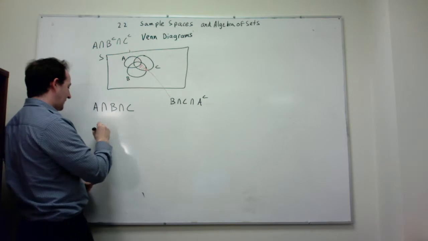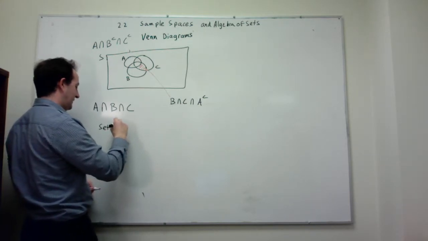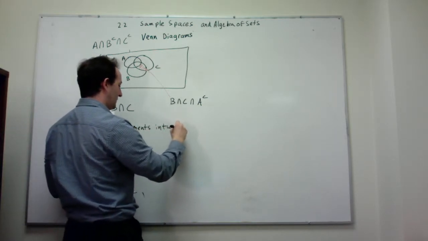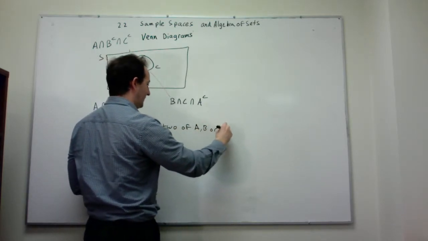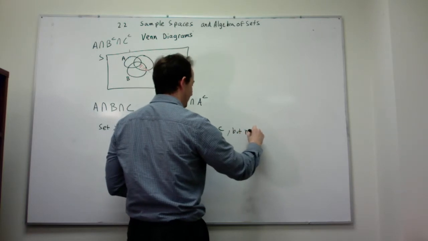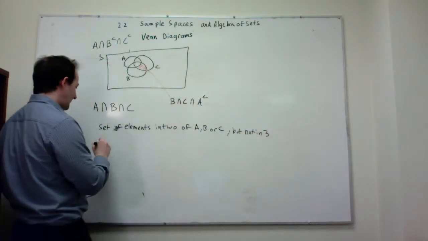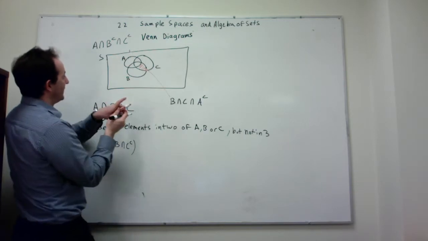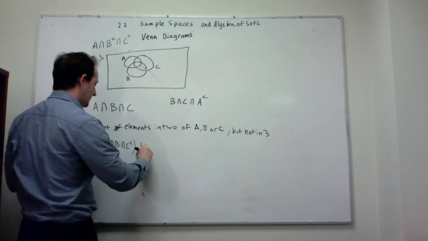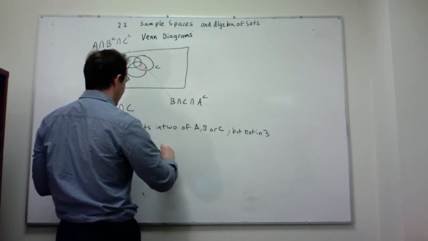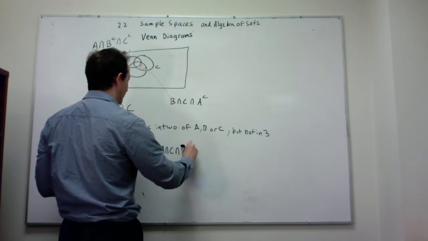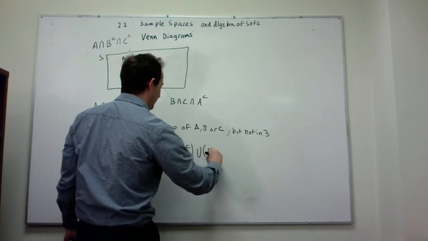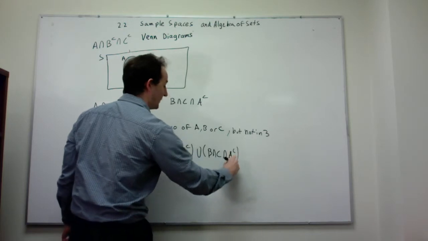So if I wanted to describe the set of elements in two of A, B, or C, but not in three, this would be A intersection B intersection C complement, which would give me that piece, union A intersection C intersection B complement, which would be that piece, union this thing we just described, B intersection C intersection A complement.